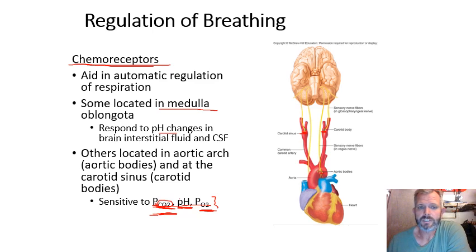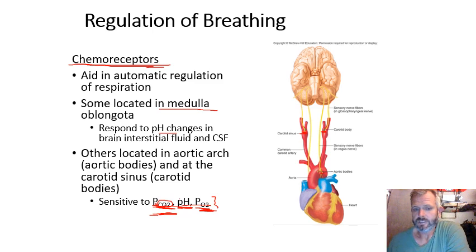So our chemoreceptors can respond more quickly to changes in CO2 rather than O2, because O2 doesn't change as drastically, since most of it is bound to hemoglobin, whereas changes in dissolved CO2 in the blood will have a more varying effect.